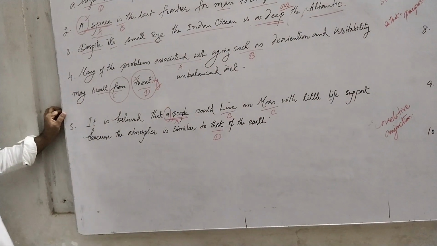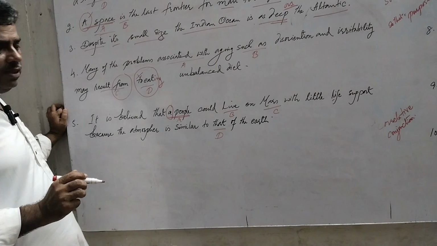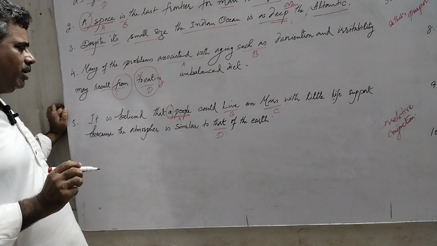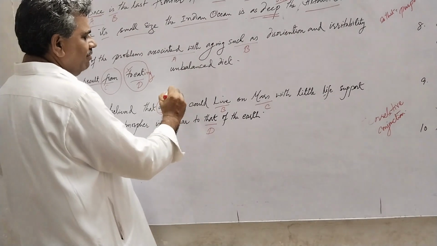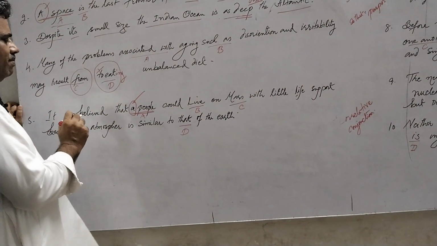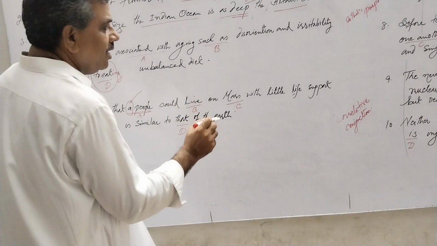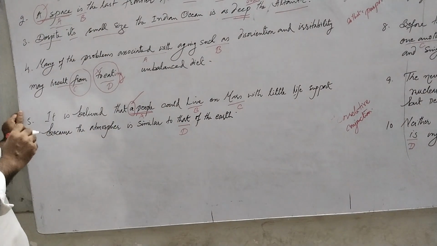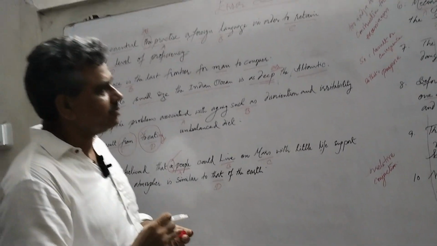You know that people is a plural noun, and we cannot use any article with the word people. It is a plural noun, so we should remove an article from here, and then the sentence will be correct. It is believed that people could live on Mars with little life support because the atmosphere is similar to that of the Earth.